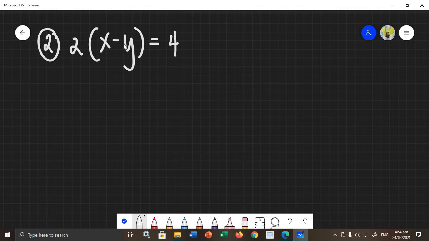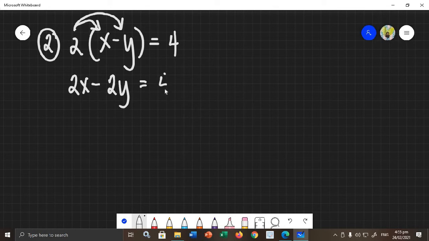So, we need to get rid, in short, of this parenthesis. Para mawala yung parenthesis, we need to distribute 2 to each variable here inside the parenthesis. So, will be 2 times x is 2x, 2 times negative y, it will become negative 2y equals 4.